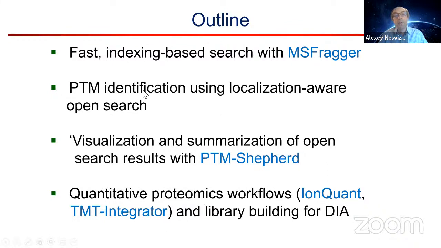And we are working now on coupling open or mass-shift searching concept with quantitative workflows as well, especially the library-free workflow and LFQ workflow and library building workflow. So this is actually a work in progress because it's a bit challenging, open search and quantification at the same time, but we are working on it. Some of that is already functional.